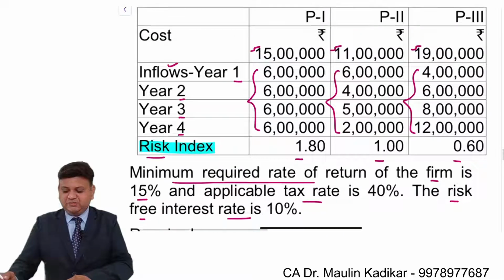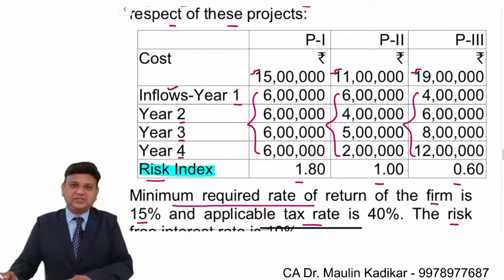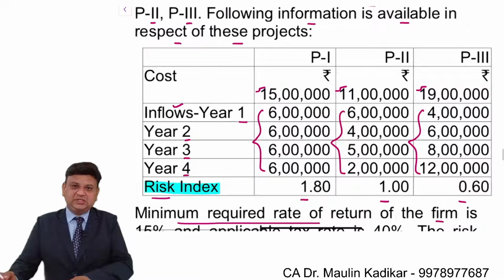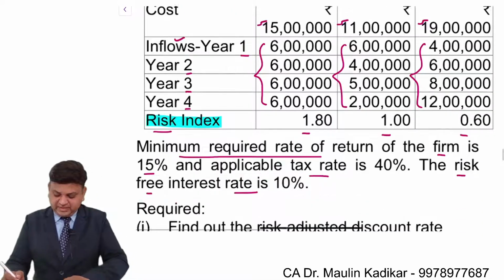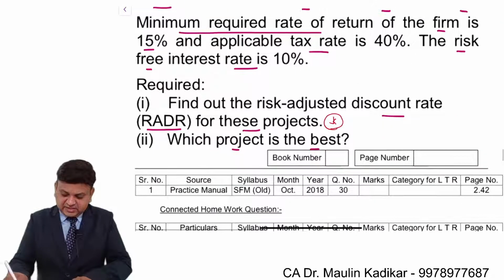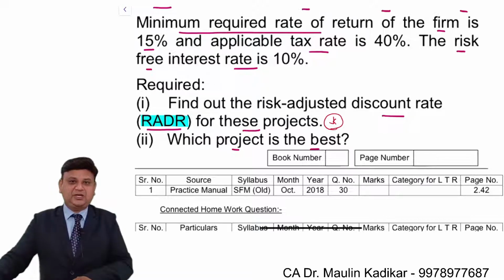Now calculation of the NPV is of course not difficult for us. Discounting the cash flow series with the discounting rate that we have computed in the first part of the question. In the first part of the question, how to make the calculation of the risk adjusted discounting rate is something that we are going to discuss now.